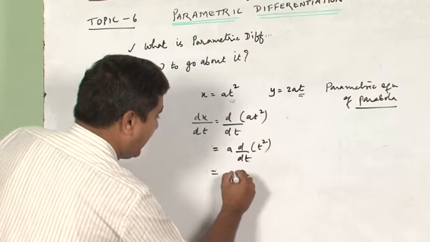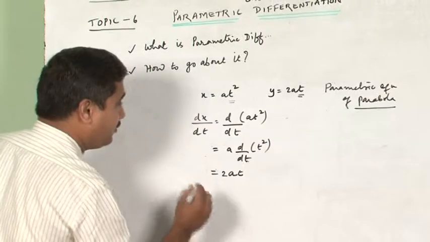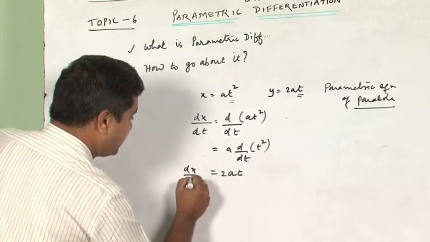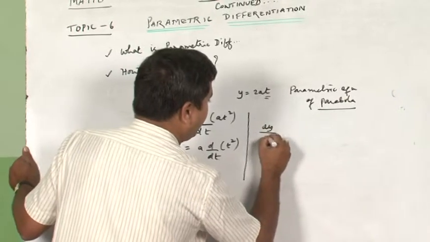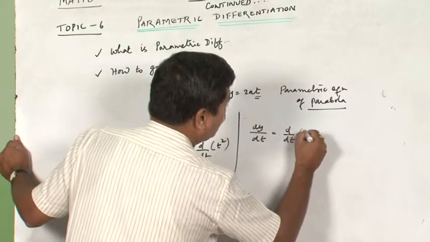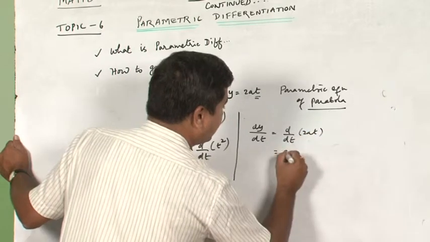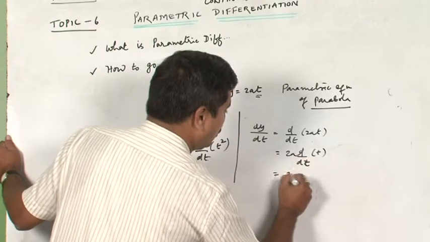Differentiating t square with respect to t gives 2t, so dx by dt is 2at. Similarly, you find dy by dt, which is d by dt of 2at. 2a being constant stands outside, you get d by dt of t is equal to 2a.